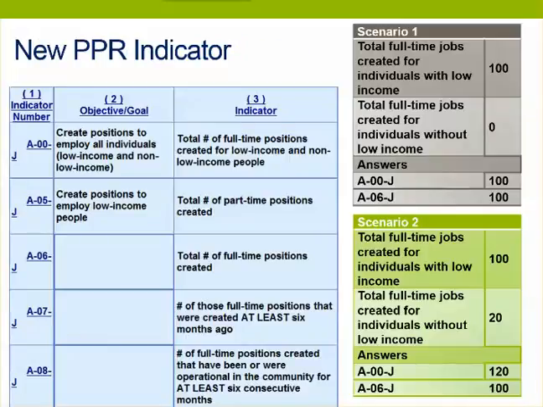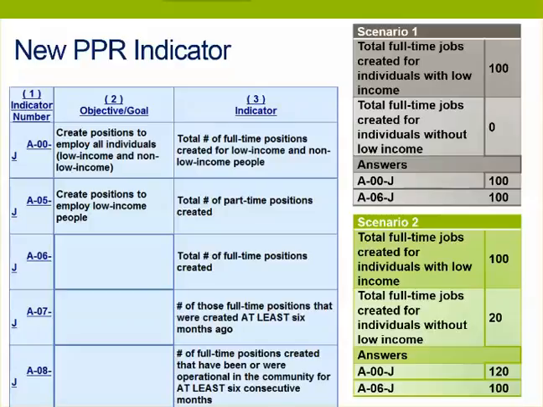To elaborate a bit on the new indicator, first, it appears just above the existing job creation indicators A05J through A12J. We really want to clarify the difference between the existing job creation indicator, A06J, and the new indicator. Both ask for full-time positions created.